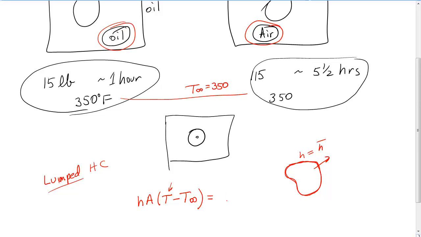If you set that equal to the heat loss through there, rho C, a volume, and a change in the temperature with respect to time.